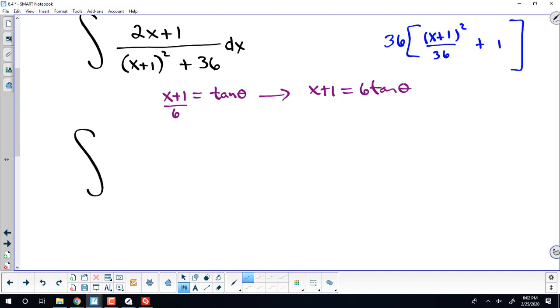We'll have this. This was tangent. Maybe I should write another step out so we're not missing pieces.